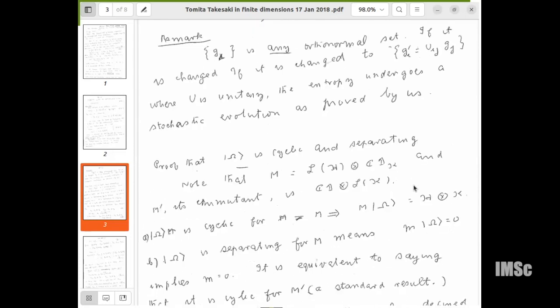Any M of the observable algebra is a linear operator on the first Hilbert space, tensored with the identity 1_K in the second Hilbert space. These are my observable algebra. There is another algebra, which is 1_H, the identity on the first Hilbert space, tensored with some operators M prime, all the matrices acting on K. But I am looking at the first one.